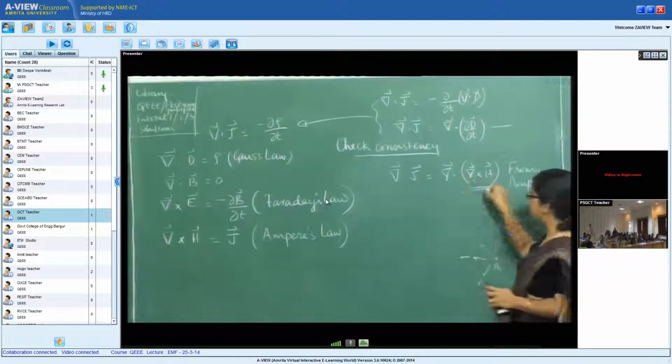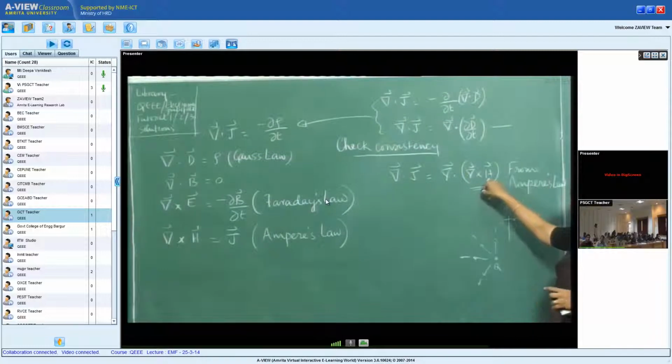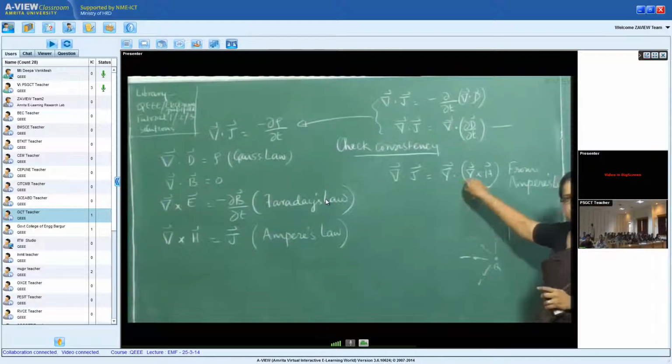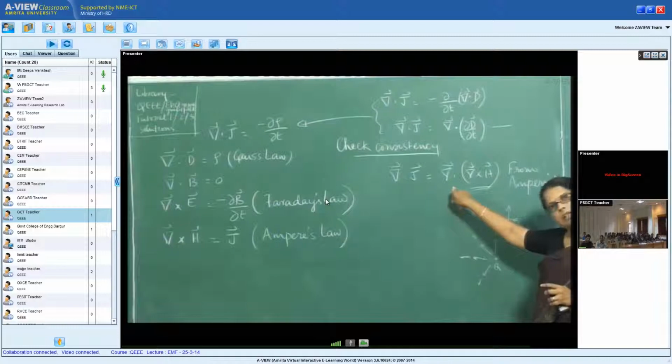I can prove it mathematically by writing H as a vector which has an x component, y component, z component. Then I can find curl of H, then I can find the dot product. It will turn out to be 0, but I don't have to do all that math.